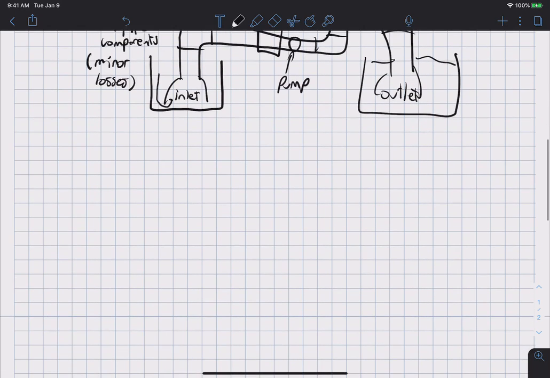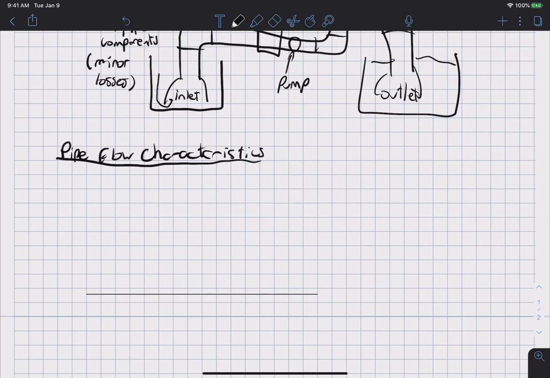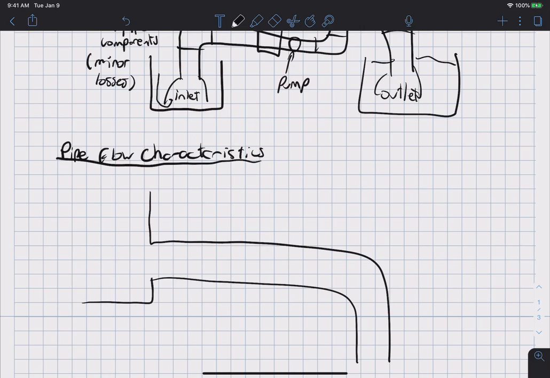And so now the general characteristics of a pipe flow. Okay, and so if we consider a tank with a pipe attached to it. So we have a tank with a pipe attached to it.